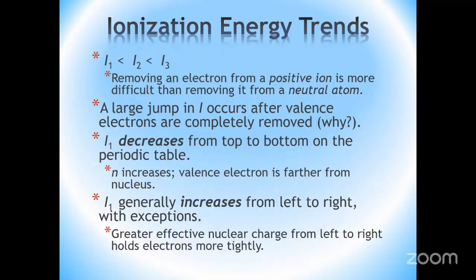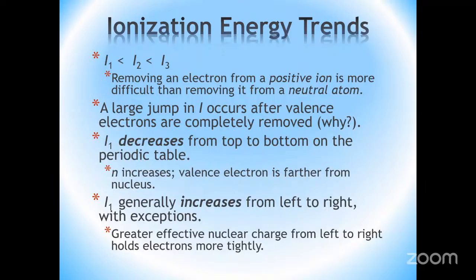The reason for that is, as you go from left to right of any period, and we saw this last time, you're increasing the nuclear charge, which results in a greater attraction for the surrounding electrons. Therefore it becomes progressively more difficult to remove the valence electrons, because as you go from left to right, those electrons are drawn closer to the nucleus.